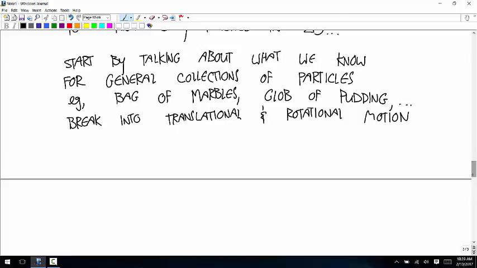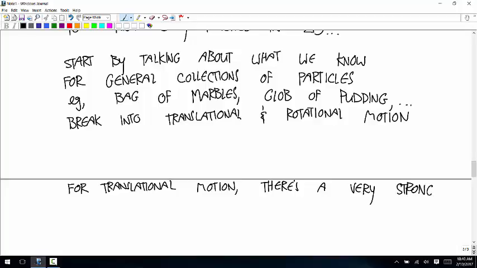For translational motion, we can actually make a very strong statement, a surprisingly strong statement. There's a very strong, useful result.